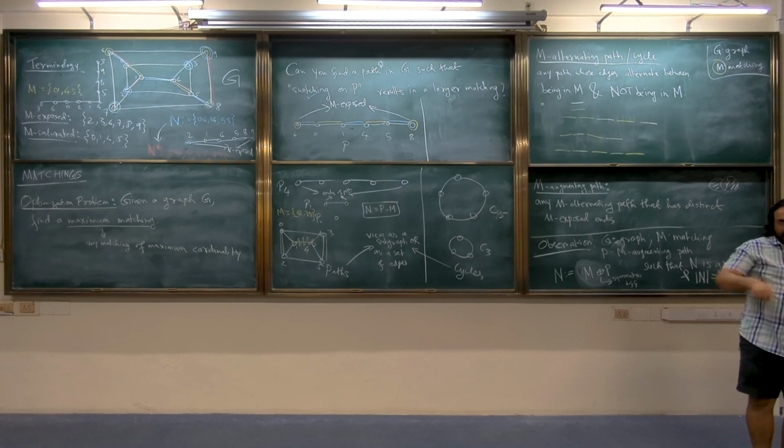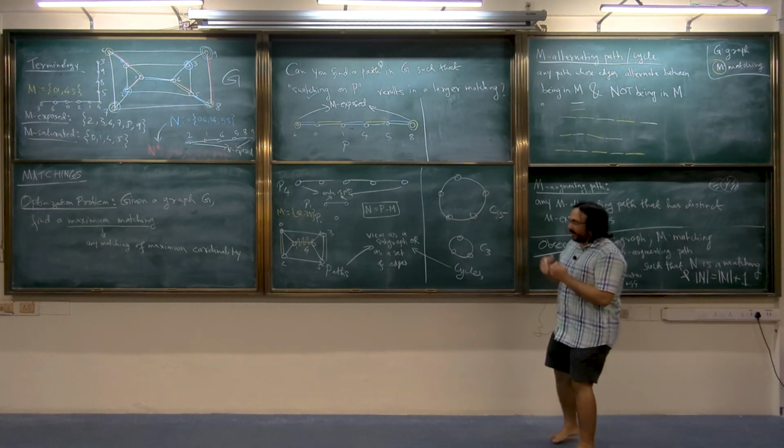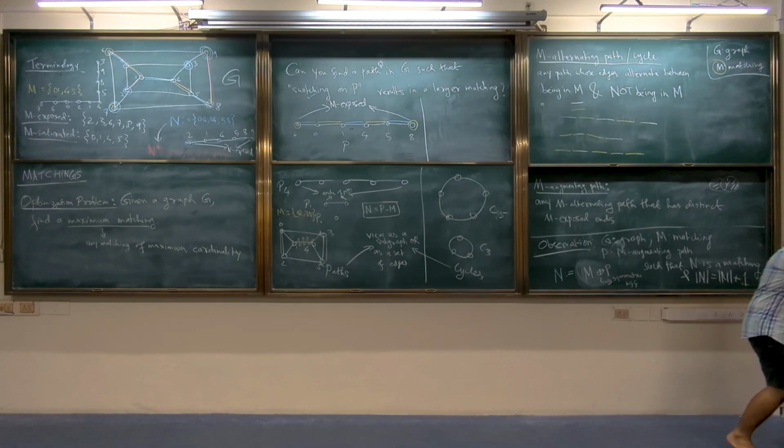And if you can find one, again do the same thing. Now with respect to the new matching, find an augmenting path, get a bigger matching. Of course, what is not clear is why this works. Why should this actually give you a largest matching? So if you want to prove it, let's write down an algorithm at a high level.